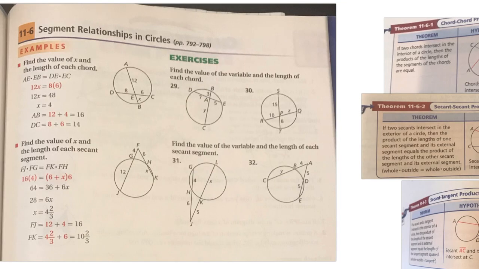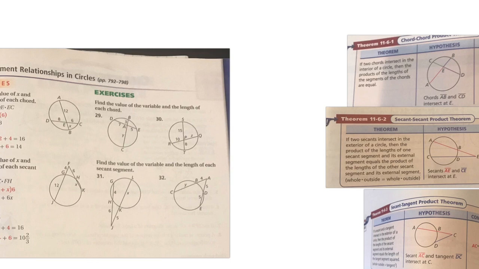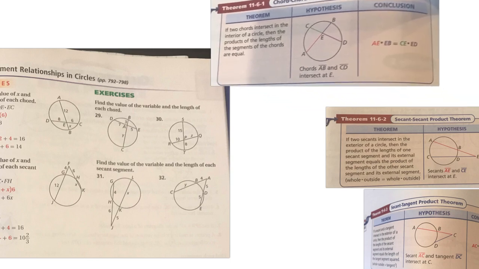Okay, so looking at problem number 29, find the value of the variable and the length of each chord. This problem takes advantage of this particular theorem that says that anytime you have this sort of crisscrossing, it's going to be the case that AE times EB, which is this part, is going to equal CE times this part.